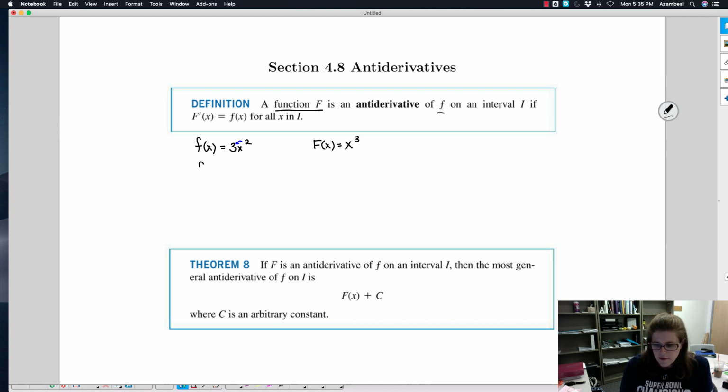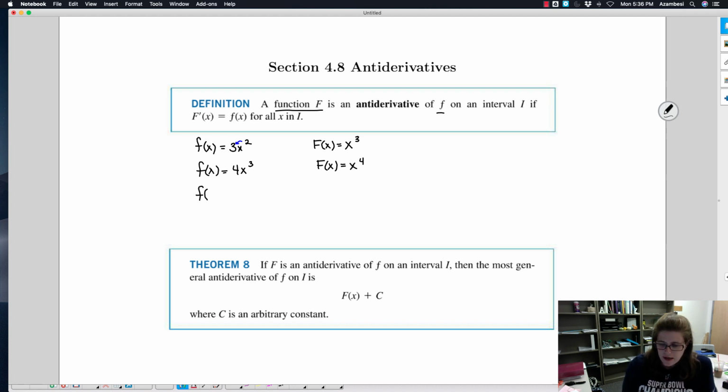Also, if I started with, say, 4x to the third, well, you notice that if we drop down 4 from a power, we reduce it by 1, we get 3. So one possible antiderivative of that function would be x to the fourth.